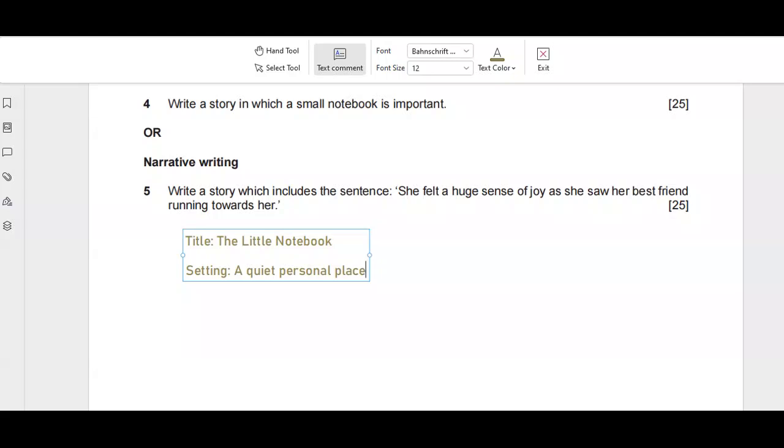Then you need to talk about the time, like when the event took place. It can be afternoon or evening, just to create a calm or nostalgic mood. Thirdly, you need to mention your character.